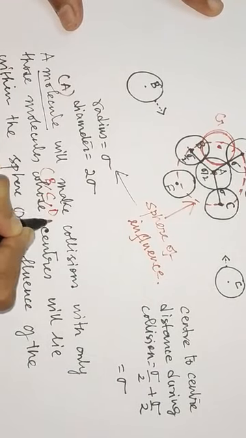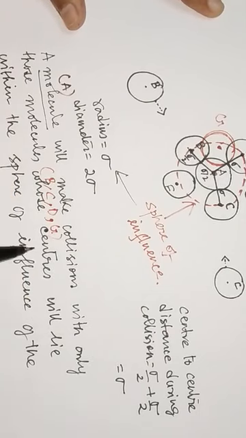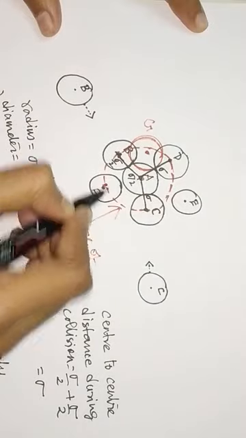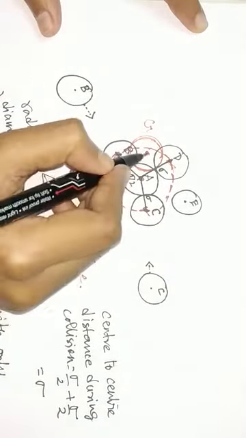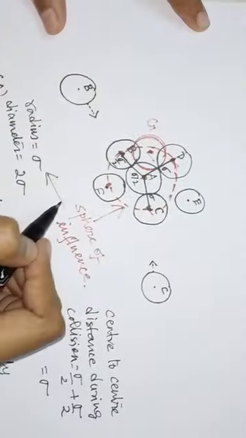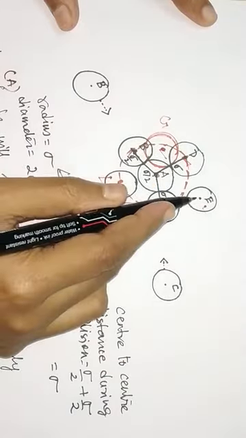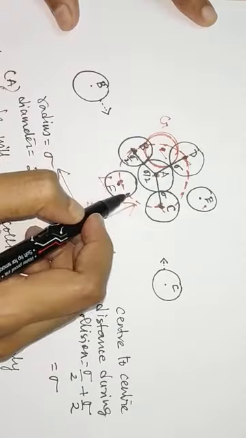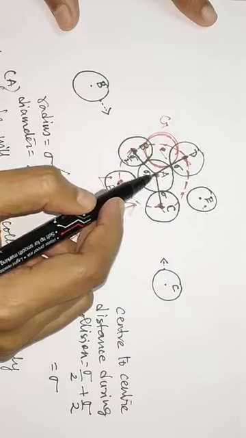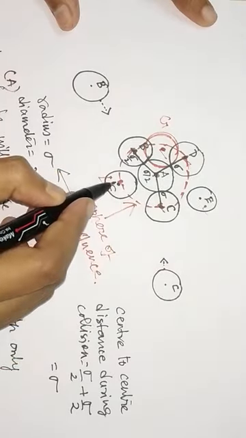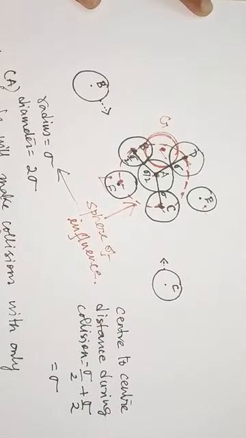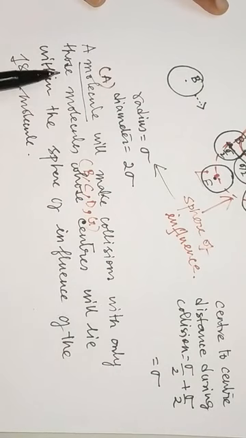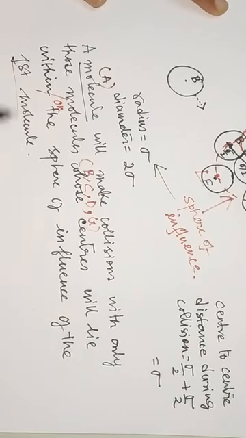Molecules B, C, D and G. As you can see from this figure, their centers are lying within the sphere of influence, either on the surface of the sphere or inside it. But the centers of molecule E and molecule F are lying outside the sphere of influence of molecule A. Molecule E is quite well outside, and F is just outside the sphere of influence, but still there is no collision between molecule A and molecule F. So we can say that a molecule will make collisions with only those molecules whose centers lie within, or on, the sphere of influence of the first molecule, that is molecule A.